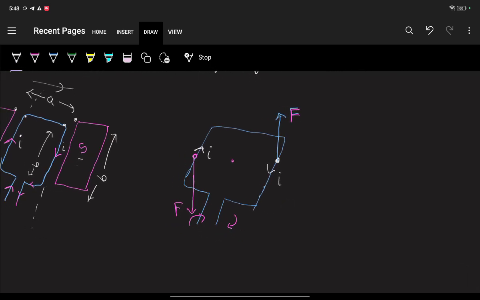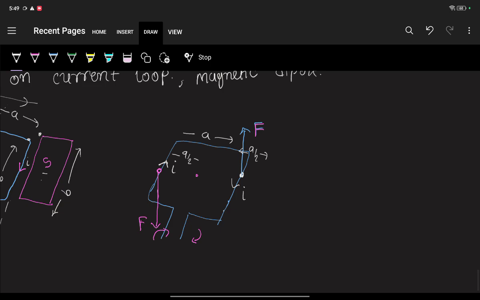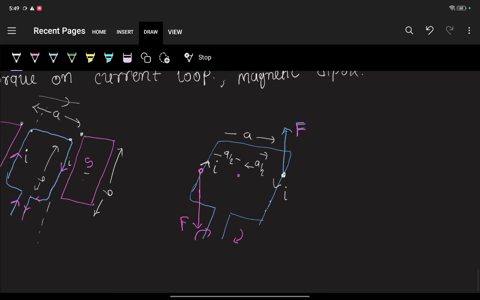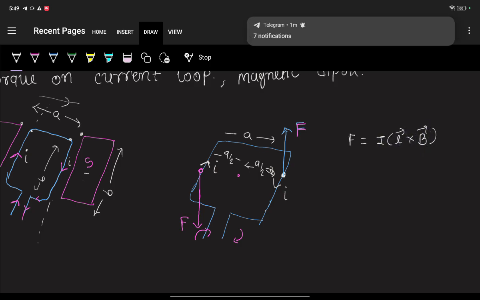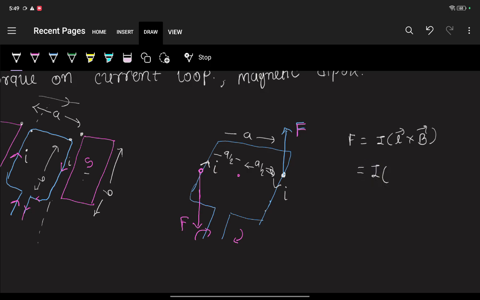We know that this length is a, so this is a by 2, this is a by 2. And what is this magnetic force? Magnetic force is nothing but I in the bracket L cross B, right? And here length is what?